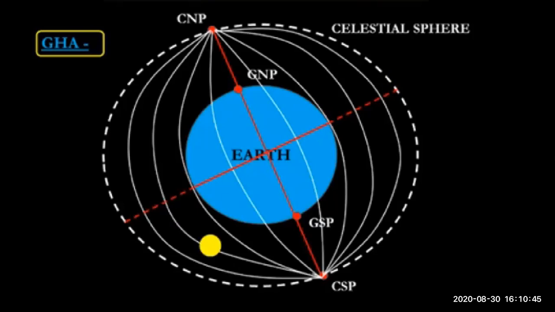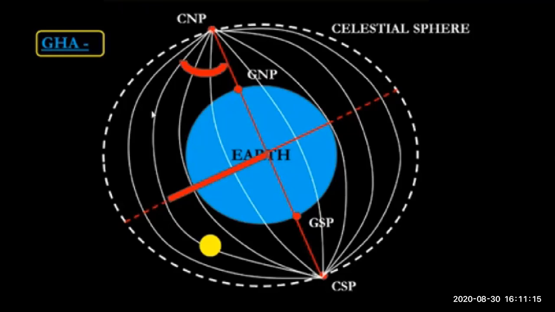So to define GHA, Greenwich hour angle of a celestial body is the arc at the equinoctial, or the angle at the celestial pole, contained between the Greenwich celestial meridian and the celestial meridian passing through that body, measured westwards.